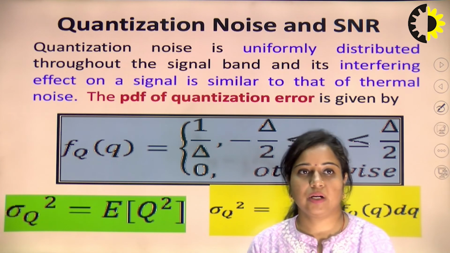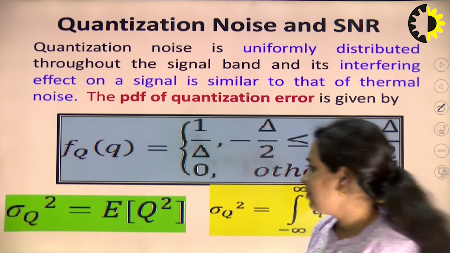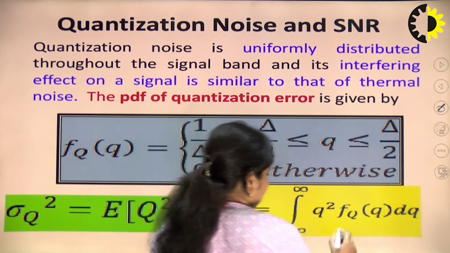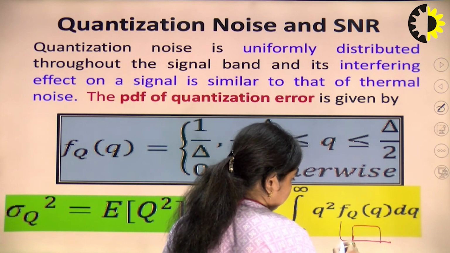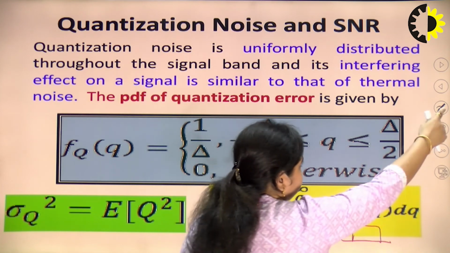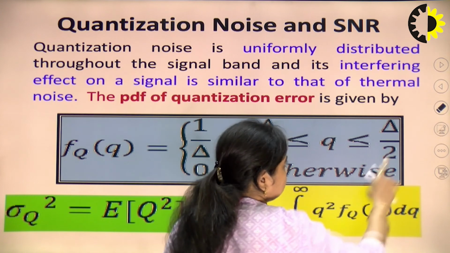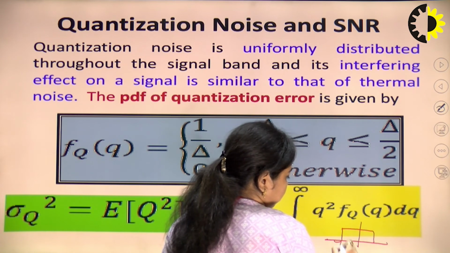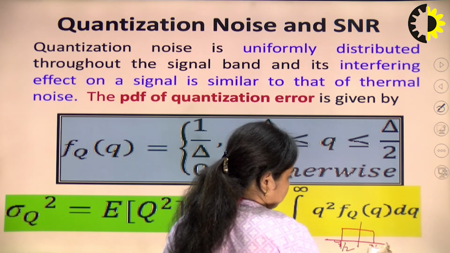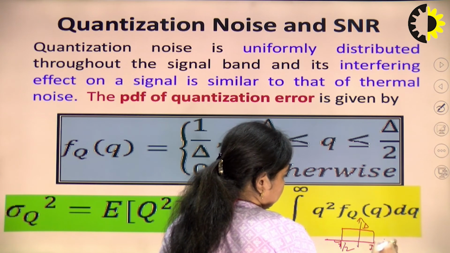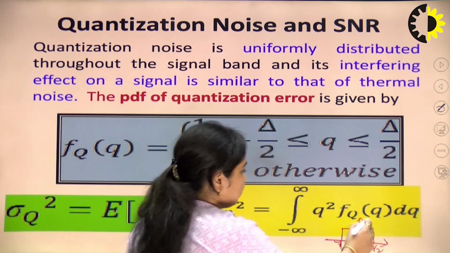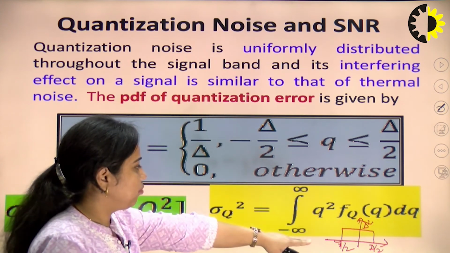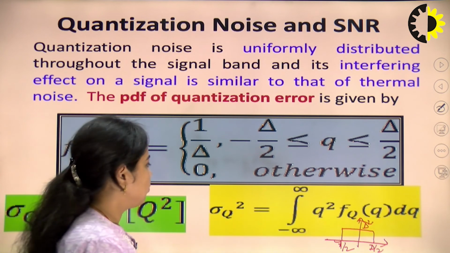The PDF of this quantization error, for minus delta by 2 to plus delta by 2, has a value of 1 upon delta, sorry. So, that will be the PDF of this quantization error that can be plotted in this way, and otherwise its amplitude will be 0.